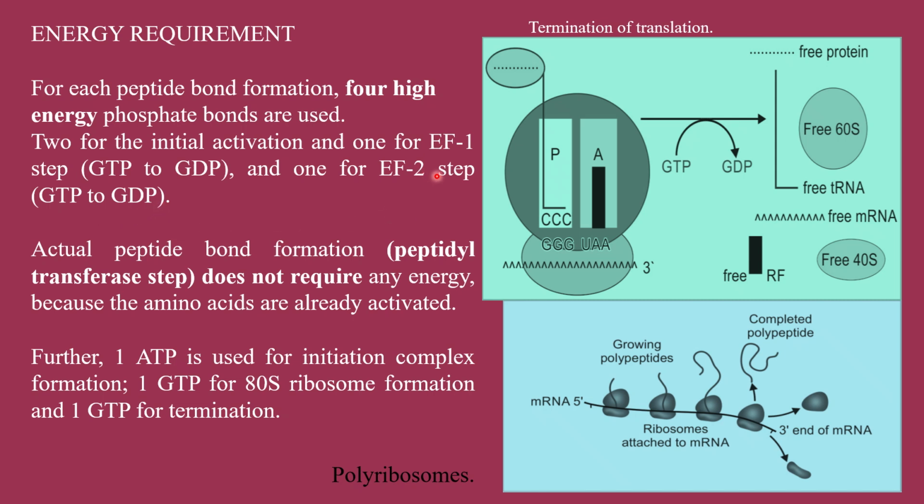In this process, there is a translocation of the amino acid and shifting of the ribosome over the messenger RNA. So actual bond formation does not require any energy because the amino acids are already activated. So in total, you have seen the 4 high energy phosphate bonds are being used in this process.